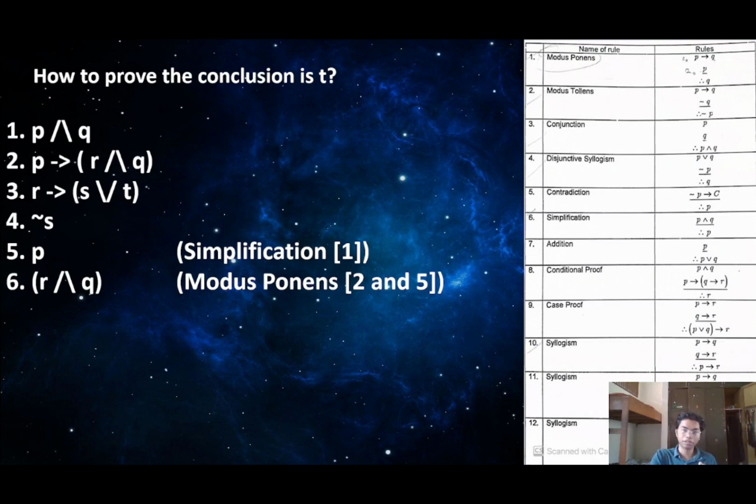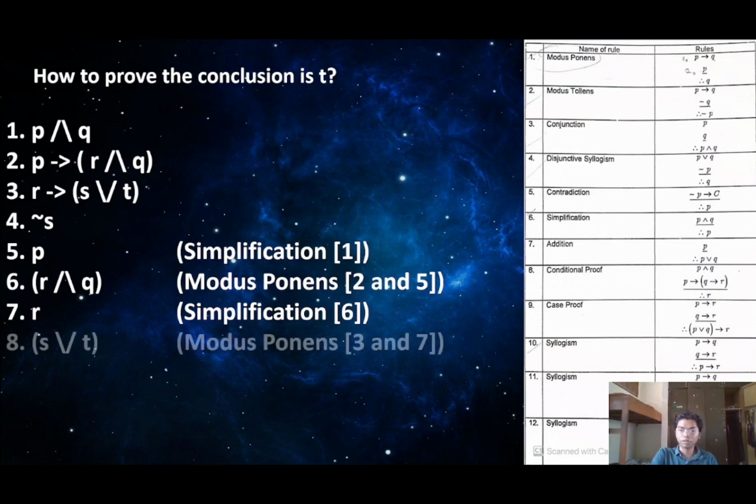Next we also do simplification. That's right, we use number 6. You can see that R and Q is the same as the simplification of P and Q. So we can go directly through simplification and consider it as an R.